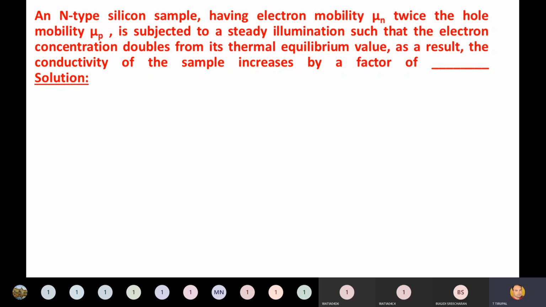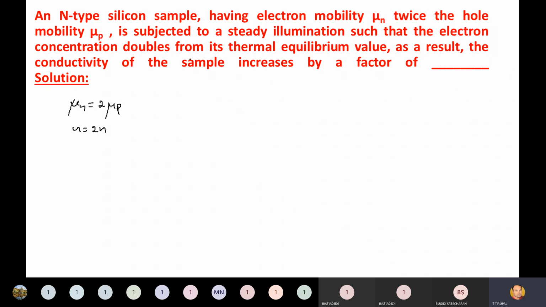Given data, anyone find the answer and tell me. In an n-type silicon sample having electron mobility mu n twice the hole mobility, 2 times mu p, is subjected to a steady illumination such that the electron concentration doubles, that is, n is equal to 2 times n from its thermal equilibrium value.